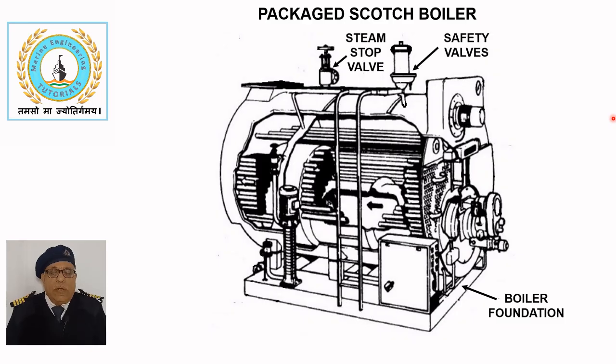To relieve internal pressure, the boiler is equipped with an improved high lift type safety valve with an easing gear arrangement. A steam stop valve is also mounted on top of the drum and can be accessed via a ladder.